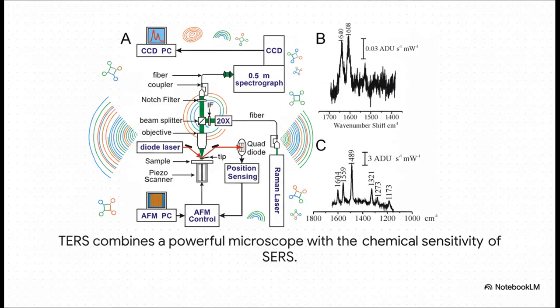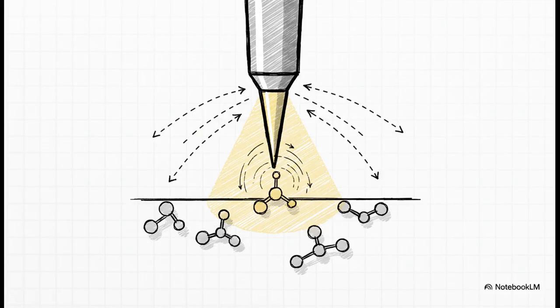It combines a super powerful scanning probe microscope, which gives you unbelievable precision, with the chemical sniffing power of SERS. All of that enhancement gets focused right at that single movable tip. So now, instead of just randomly searching for hotspots, scientists can move this tip with sub-nanometer precision. They can decide exactly where they want to look and place that enhancement right over the molecule they're interested in. They're in complete control of the spotlight.